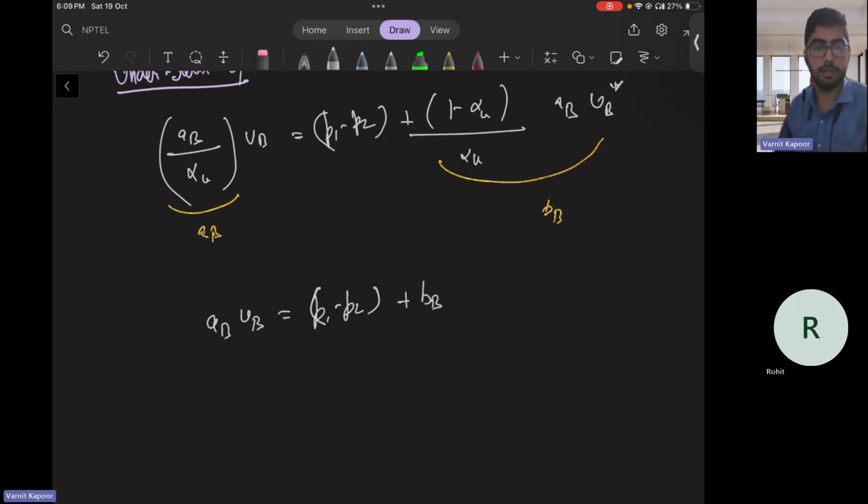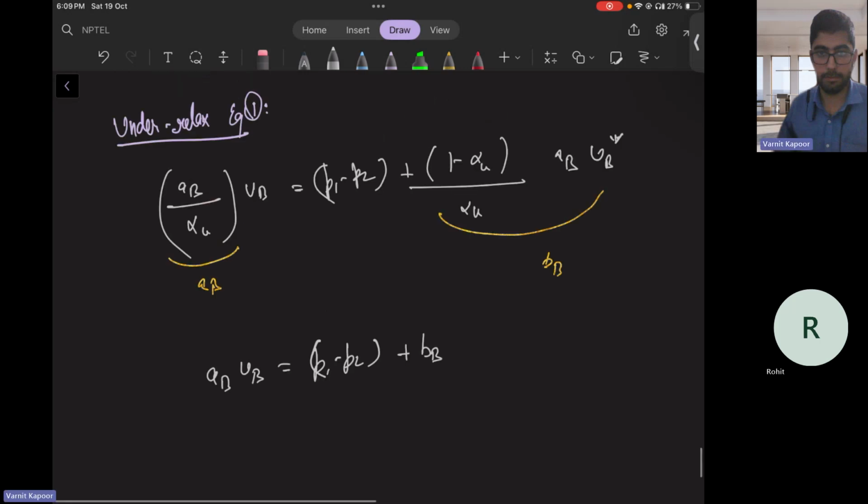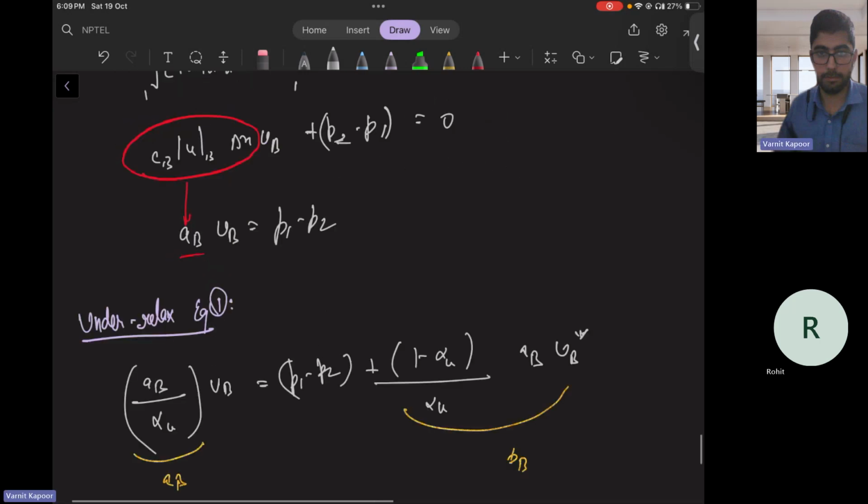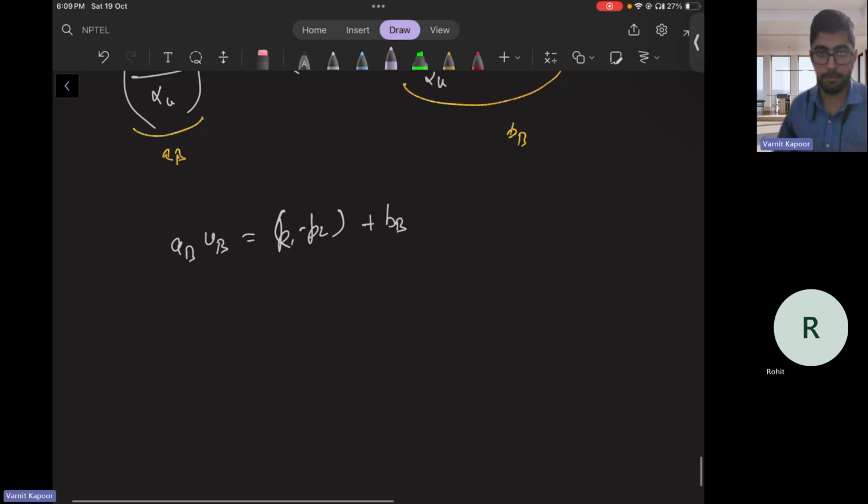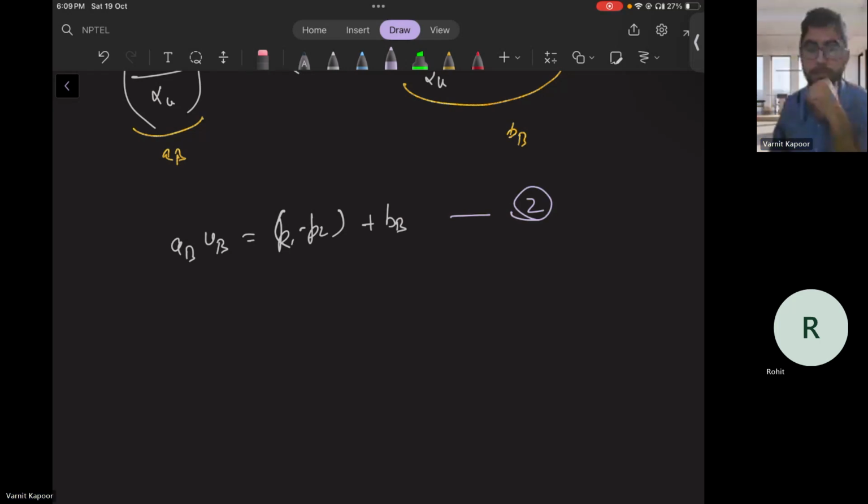This is the discretized equation, under-relaxed for cell B. Let us say this is your equation 1 without under-relaxation, and this is your equation 2.